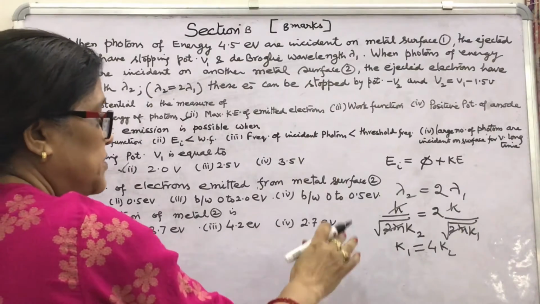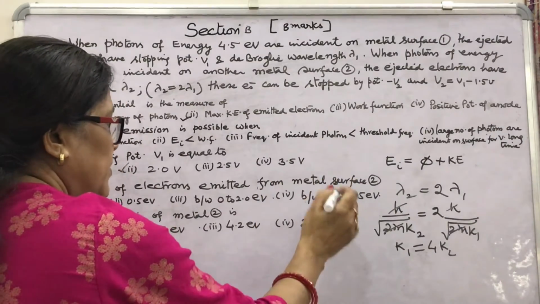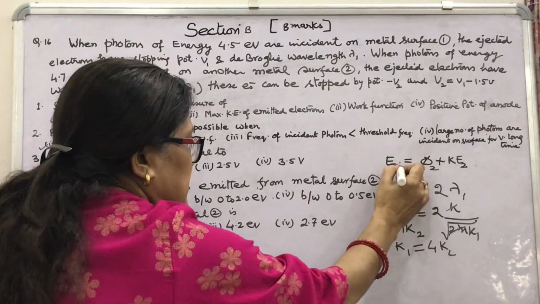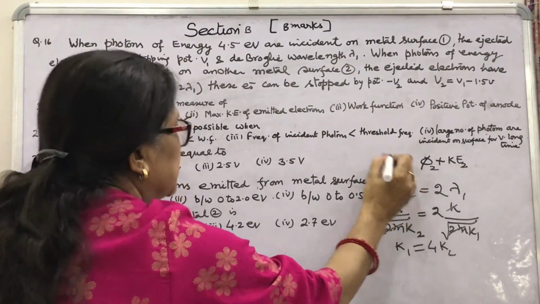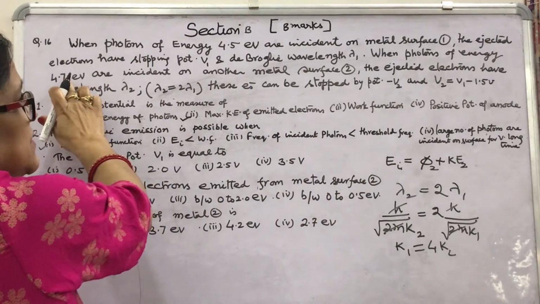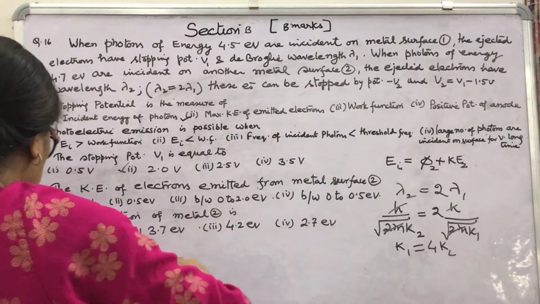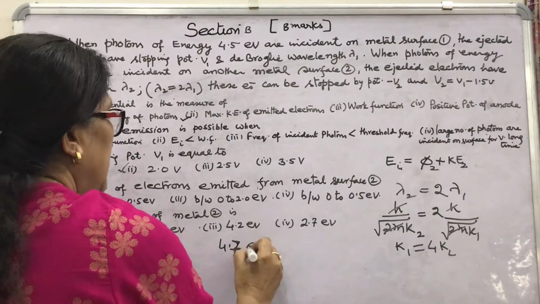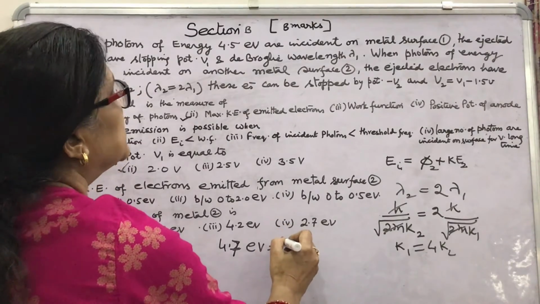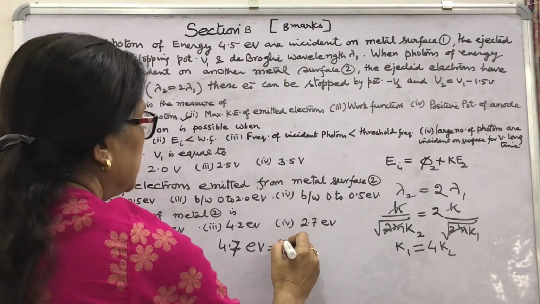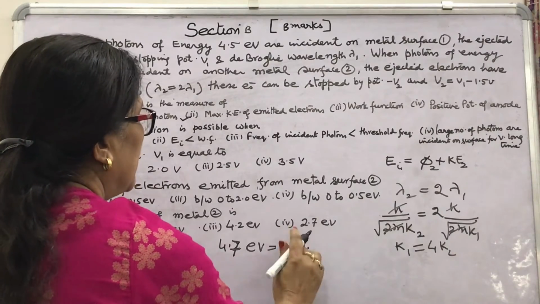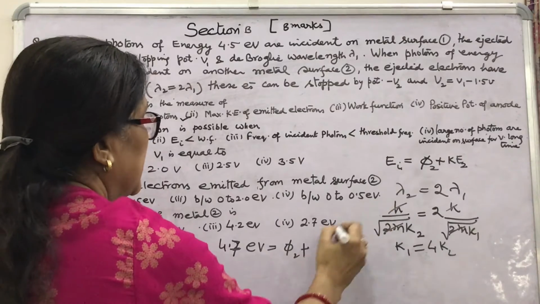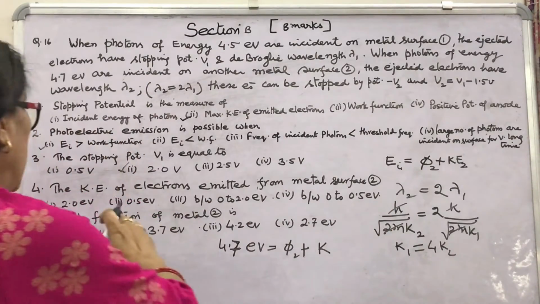For metal surface 2, if you write the expression for the photoelectric effect, then you write here kinetic energy 2 and this is the incident energy for metal surface 2. What is the energy of incident photons on the metal surface? It is 4.7 eV, equal to the work function phi 2 plus kinetic energy KE2.